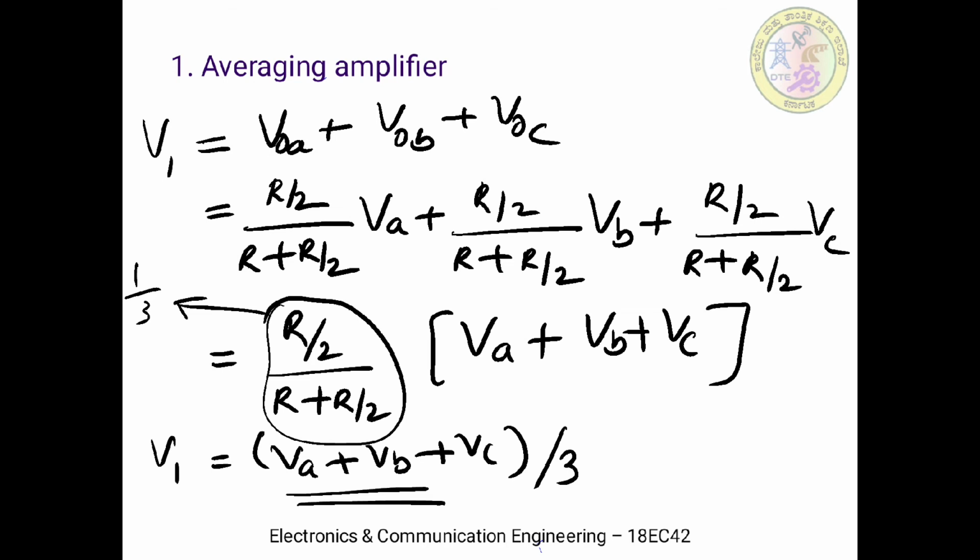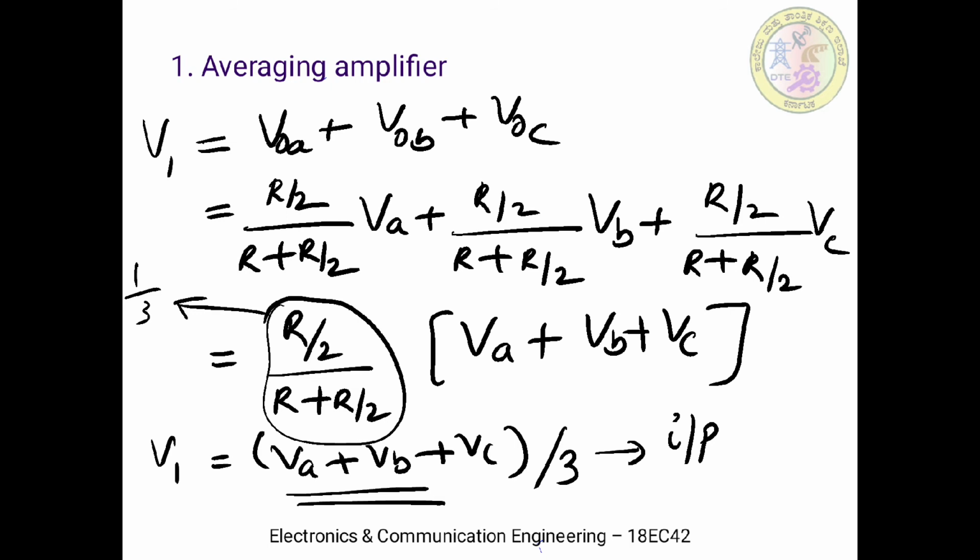Further, this V1 is actually the input at the non-inverting terminal. So now we still have to write V0.